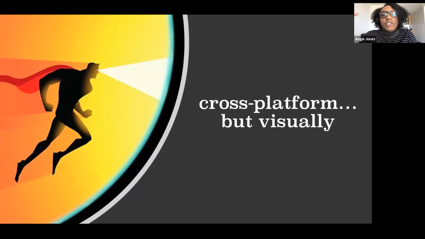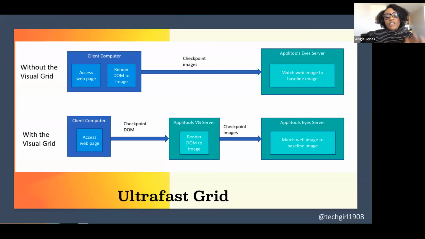Your pages, when they're in different browsers and different sizes, like mobile view versus desktop view, have different elements you have to account for. So your code starts having conditionals, and it's just not a fun thing to do. Fortunately, there's the Ultrafast Grid, which, oh my God, works like magic.